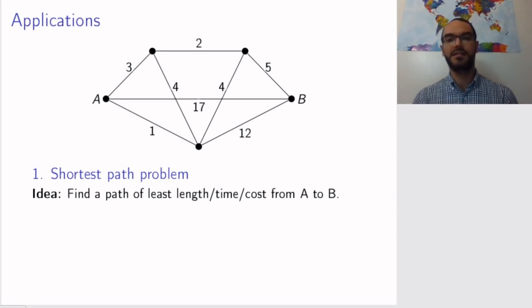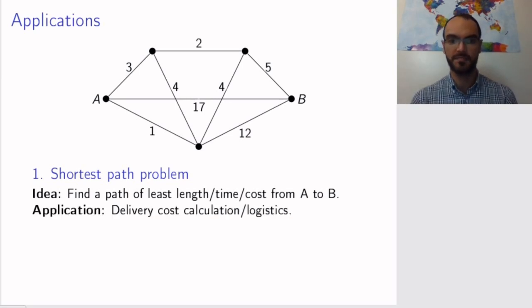The idea is that you are in a city or a setting where you have multiple paths between some interesting points, and you want to find a path of the least length, or maybe if paths cost money, the least cost or the least time, or if you have some other setting, some other quantity you want to minimize along the paths.